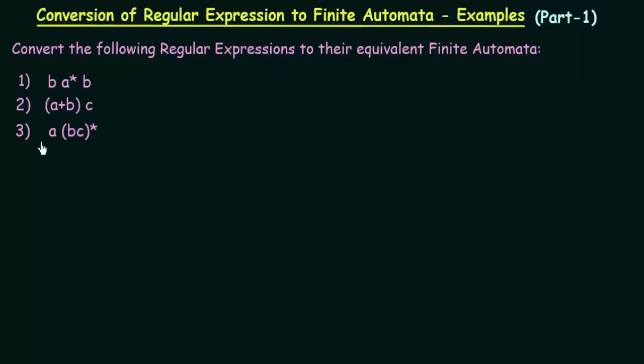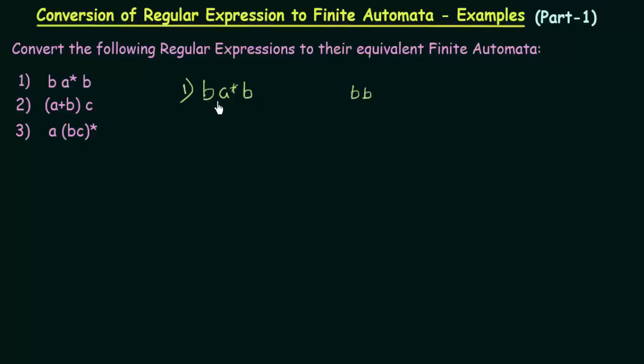So here we have three expressions, and we'll start with the first one. The first one says b a star b. This means that the strings accepted by this regular expression are strings like bb.